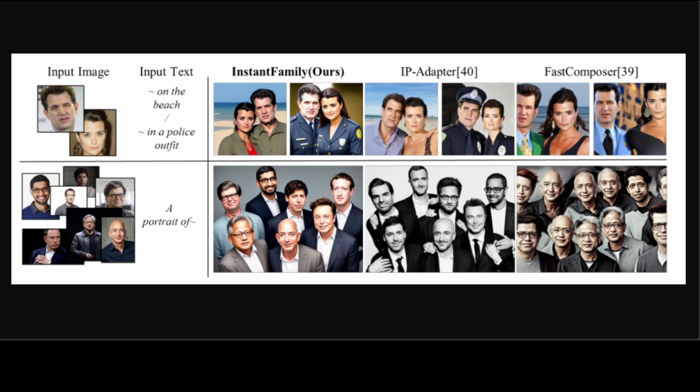How good is that? This one shows a qualitative comparison of their method with state-of-the-art methods in generating images of multi-ID. The first row shows the results generated from two IDs and two versions of text prompt. The second row shows the results generated from the 7 IDs and a simple style text prompt. How good is that?